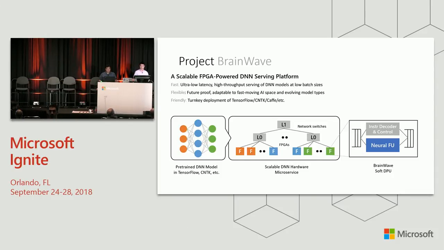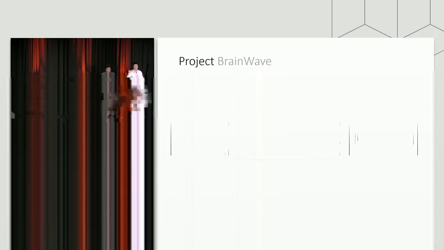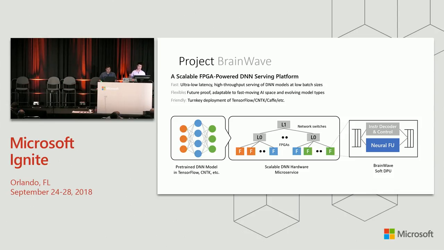So Project Brainwave is a scalable FPGA-powered DNN serving platform in which we're able to provide that ultra low latency, the high throughput serving of DNNs at these low batch sizes. And because of that flexibility, we're trying to be future-proof so that we can always give you the latest and greatest, and keep up with a fast-moving AI landscape.